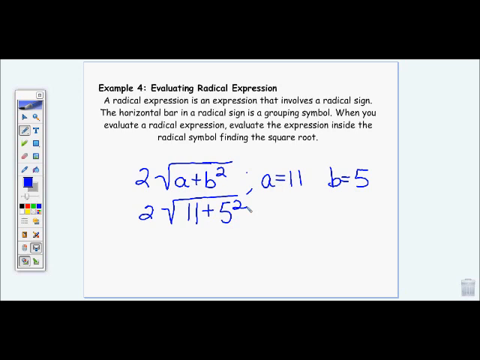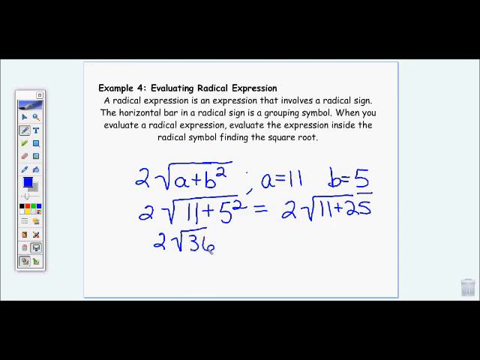So I'm going to go ahead and put some numbers in here. Just because I'm running out of room, I'm going to move it over to the side here. So 2 square root 11, I don't have to do anything there. What's 5 squared? 5 squared is 25. So I have 11 plus 25. So my new equation is 2 square root of 36, 11 plus 25.